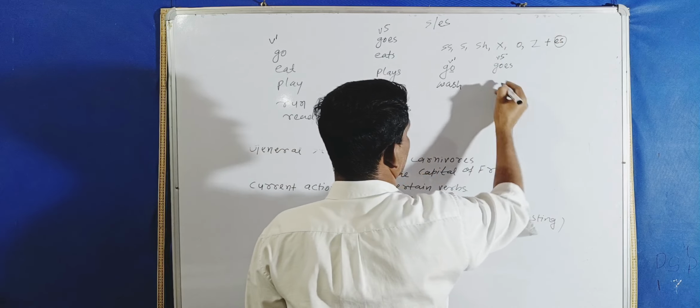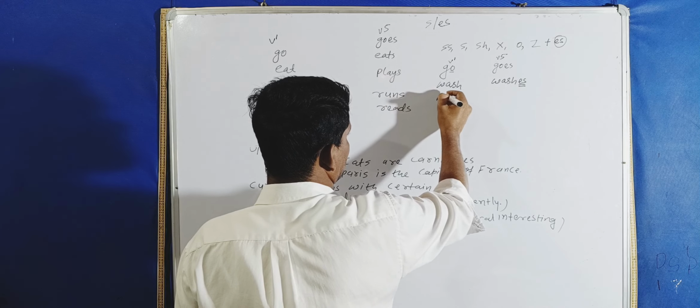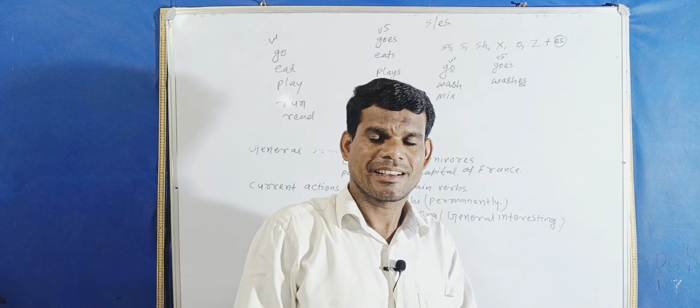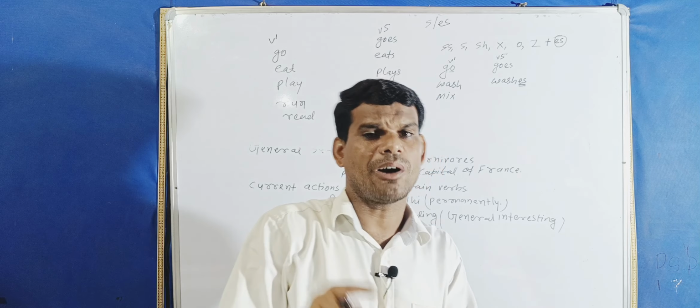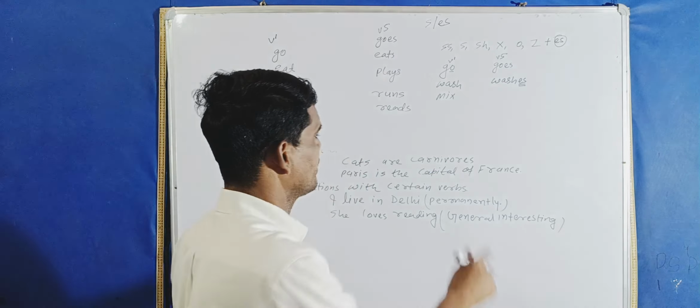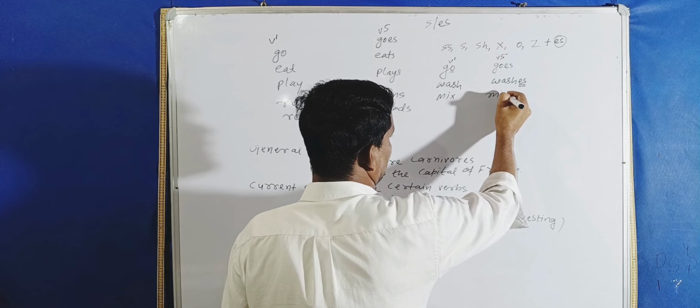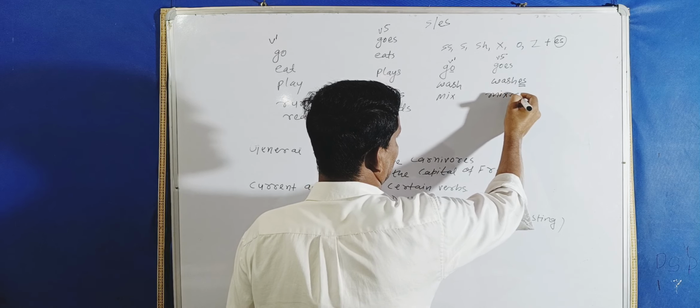Washes. Other than these, we only add s. There are so many like mix. Here x comes at the end of verb 1. We have to make it verb 5 by adding es.